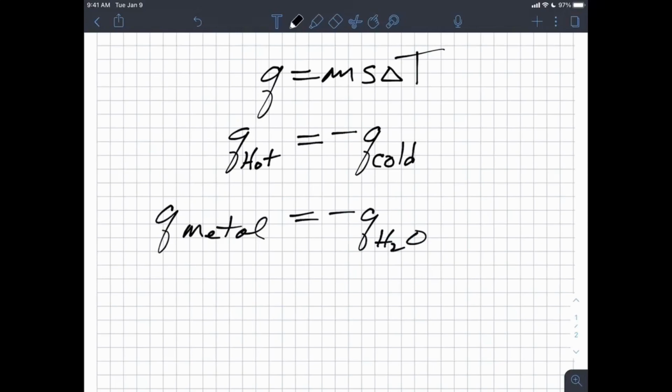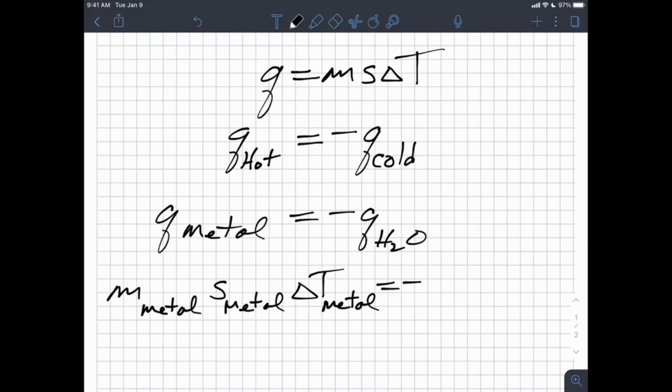For the Q of the metal, we substituted in the mass of the metal, specific heat of the metal, and the change in temperature of the metal.